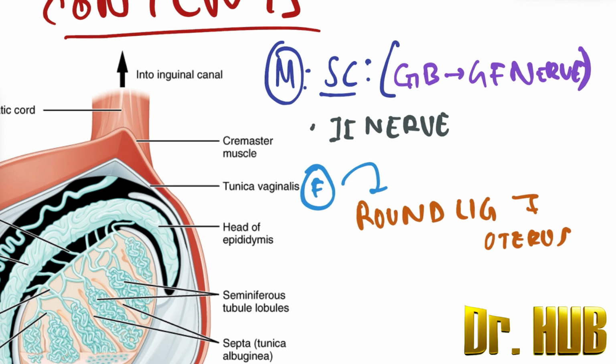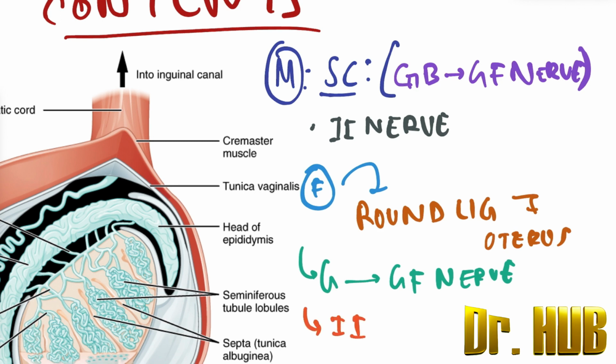Then comes a genital branch of the genitofemoral nerve. So in the female, the inguinal canal contents are the round ligament of uterus, a genital branch of the genitofemoral nerve, and there is also the ilioinguinal nerve. So they are the contents of the inguinal canal.